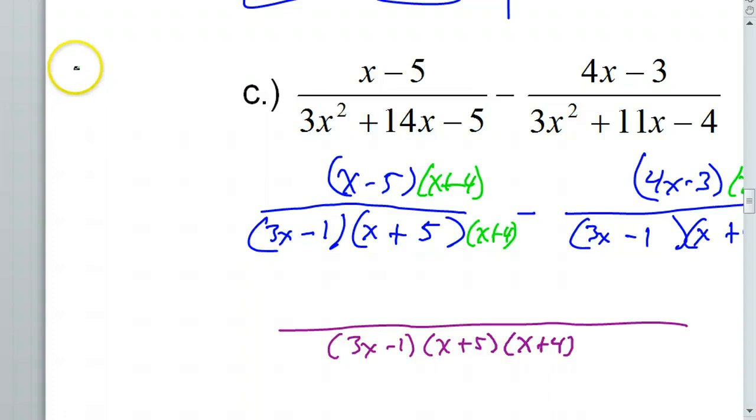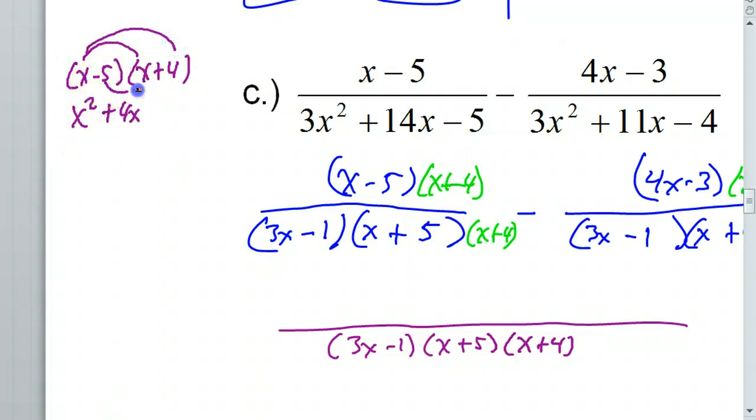Over here off to the side, I'm going to do x minus 5 times x plus 4. I'm going to double distribute. So x times x, x squared. X times 4, 4x. Negative 5 times x, negative 5x. Negative 5 times 4, negative 20.